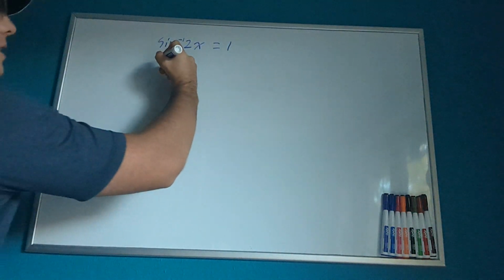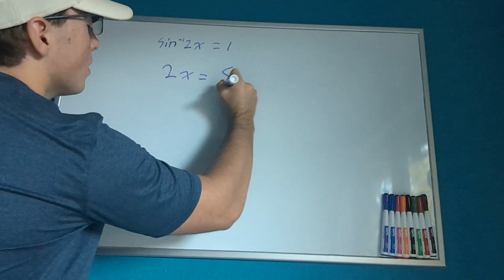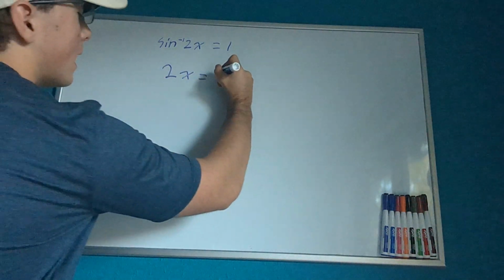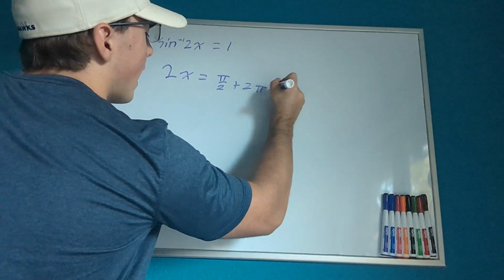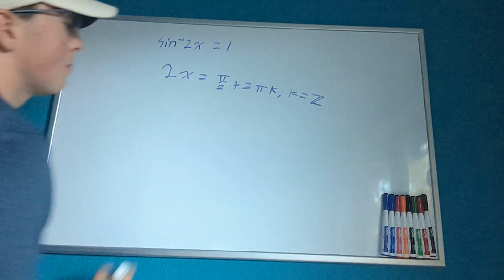Well, we have 2x. So you'd think that would be a problem, but it's not a problem. Now, instead of x, we'll just have 2x equals, and we already know what that will be before. It'll be pi over 2 plus 2 pi k, where k equals the integers. That's what we had before.